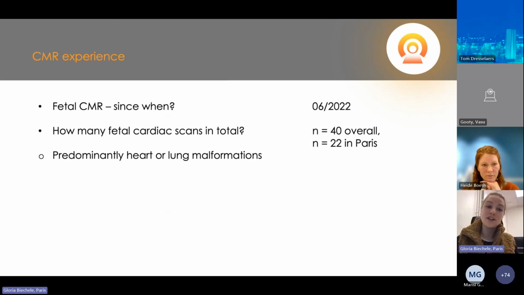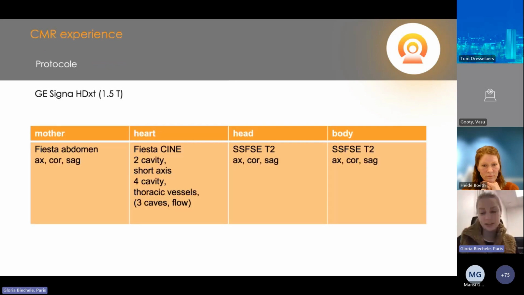I saw my first very impressive fetal CMR in June 2022. Since then, I have seen about 40 cases, 22 of them here in Paris, and they are predominantly heart and lung malformations. Here is a quick look at our protocol, which is a GE Signa HDxt with 1.5 Tesla.